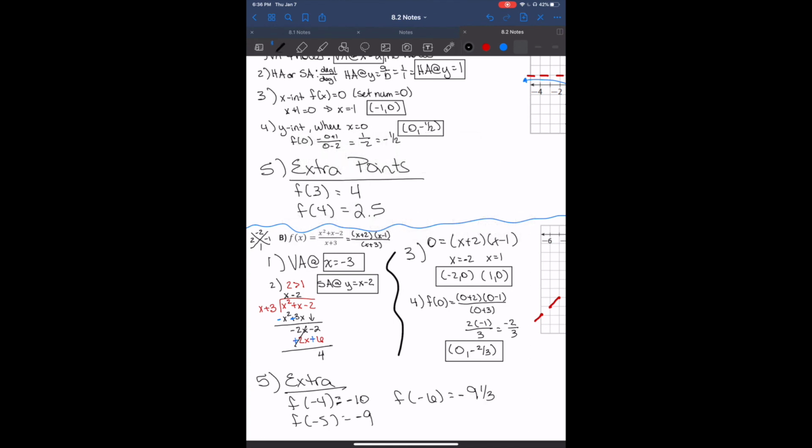If you plugged in those values, you should have found negative 10 for negative 4, negative 9 for negative 5, and negative 1/3 for negative 6.